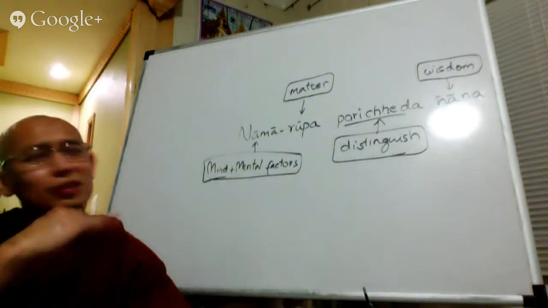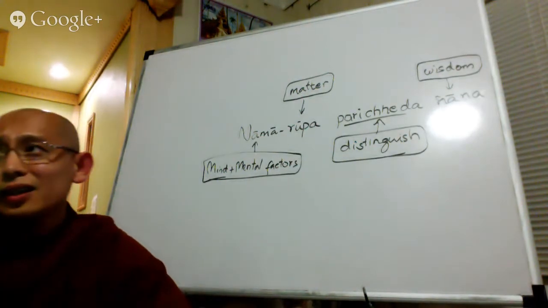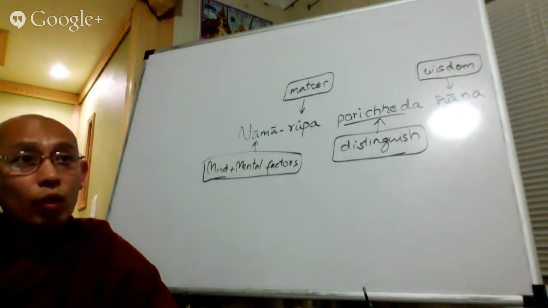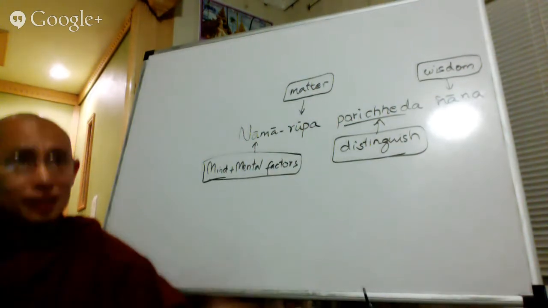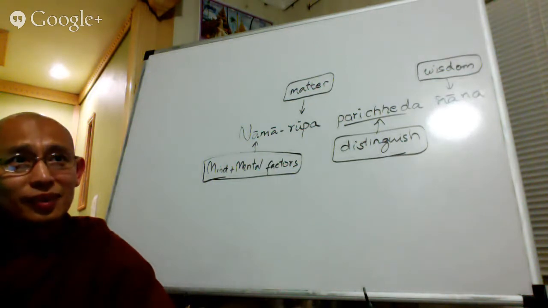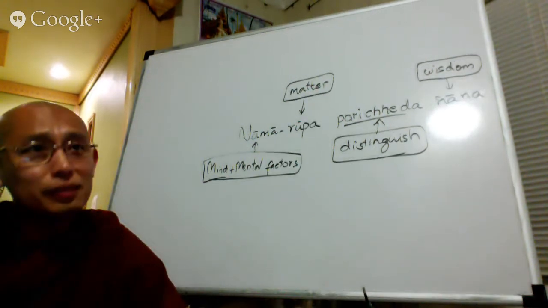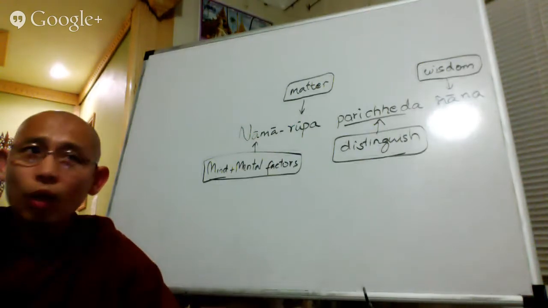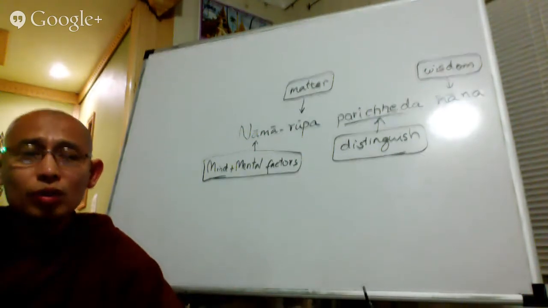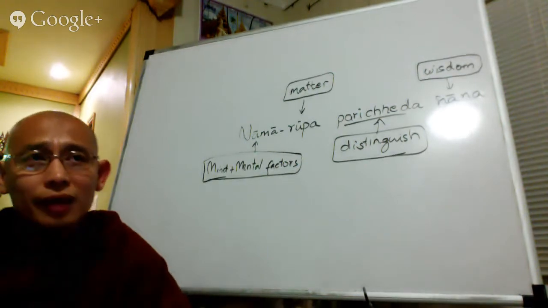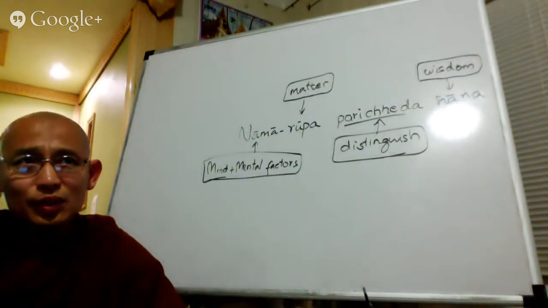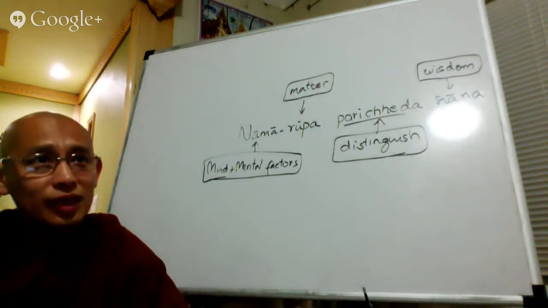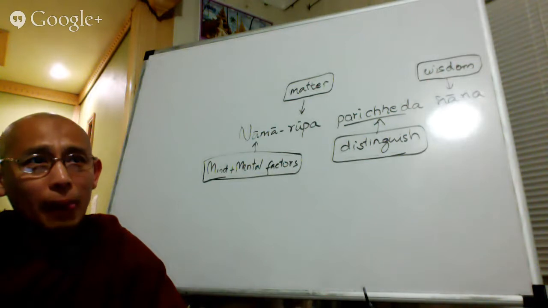So this wisdom is a little bit higher than understanding the nature of mind and matter, which is basic. But it's not enough. We need to understand the law of cause and effect. Without understanding the law of cause and effect, we don't want to try to accumulate wholesome things, good things.